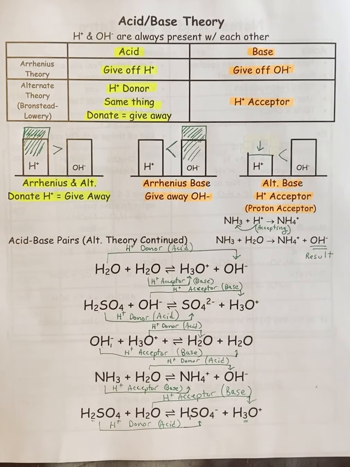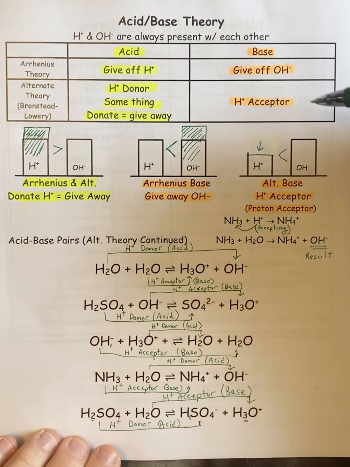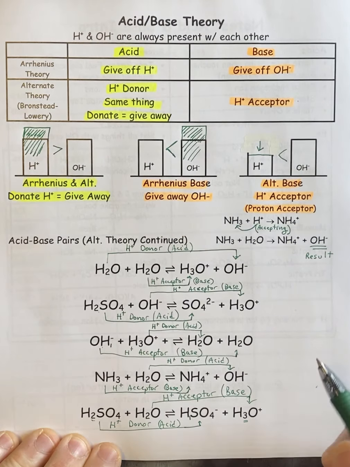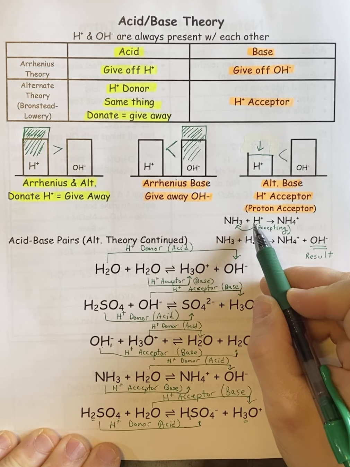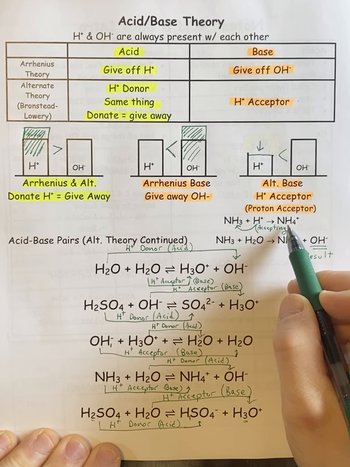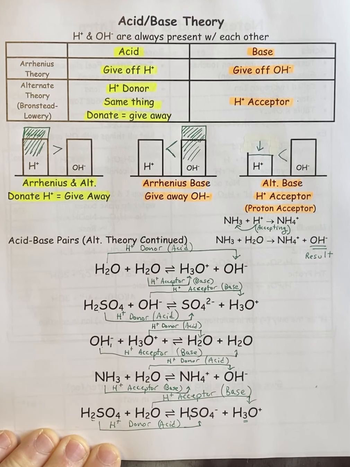Well, the reason is because it's an alternative base. It is an H plus acceptor, and the way it does that is simple. NH3 can take on an H plus by accepting it, becoming NH4. Now that doesn't look like a base, but when you look at the entire reaction, what happens in water, it explains why it's a base.